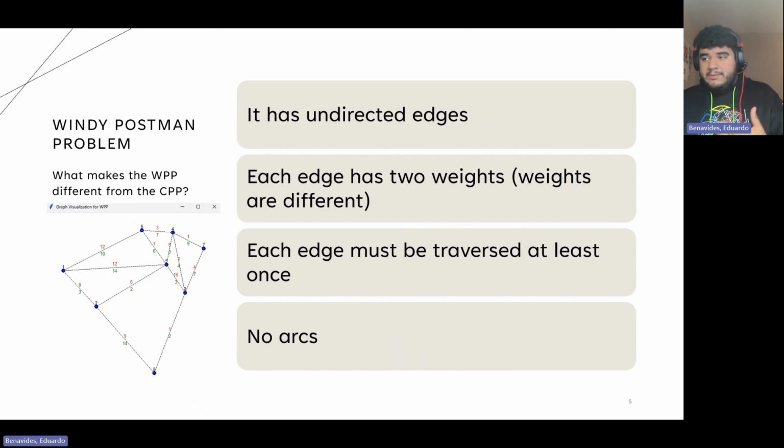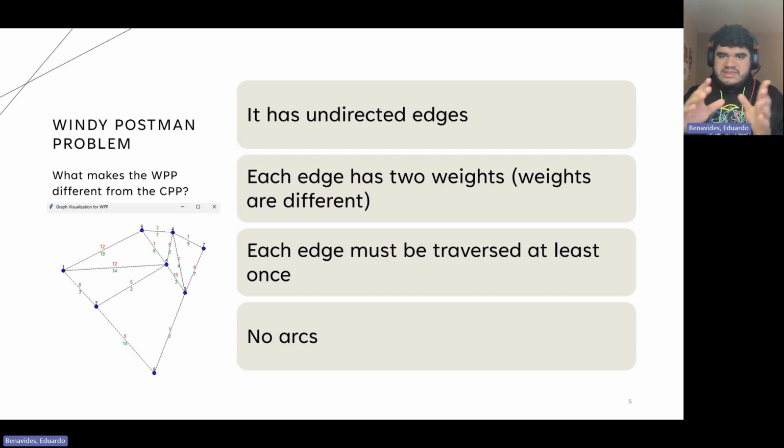So that's a WPP. Now in 1979, I hope I'm pronouncing his name right, Edward Minieka, I apologize, he actually did a research paper about the Chinese postman problem and for mixed networks. And in doing so, he referenced or discussed the windy postman problem. And in there, he was able to reduce it to a mixed Chinese postman problem.